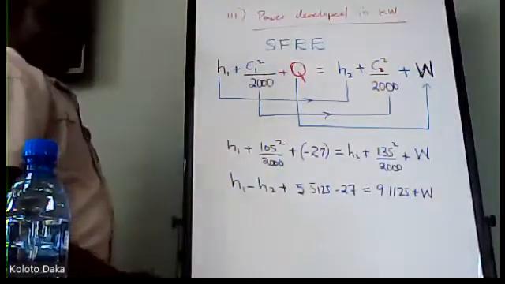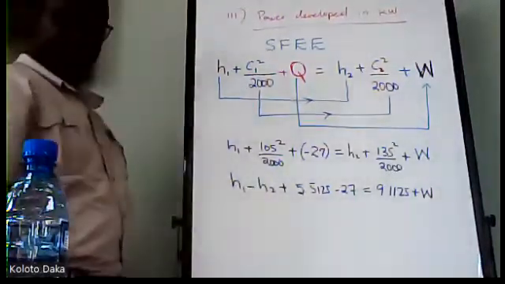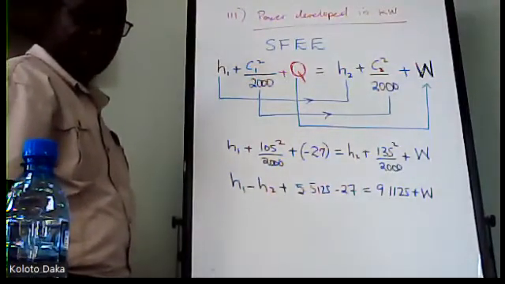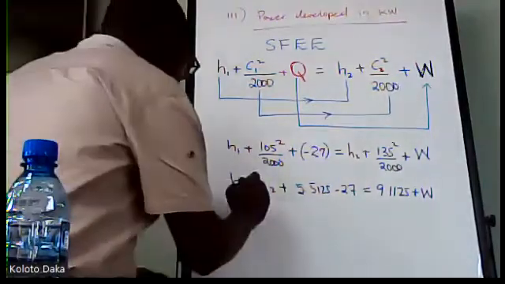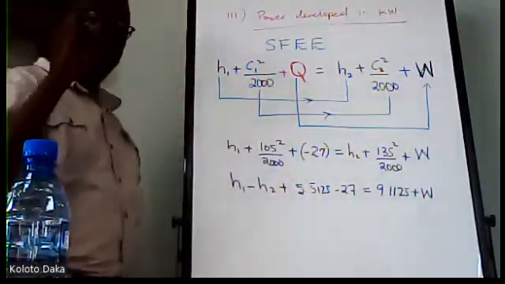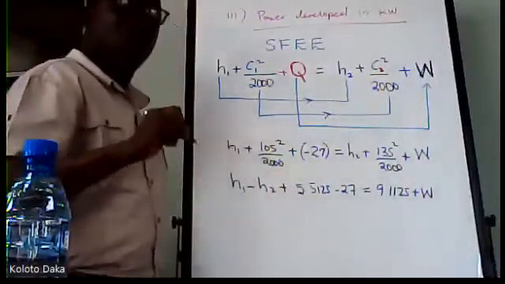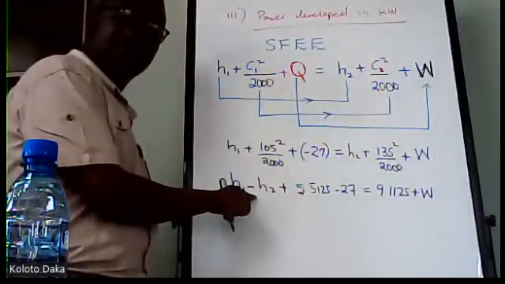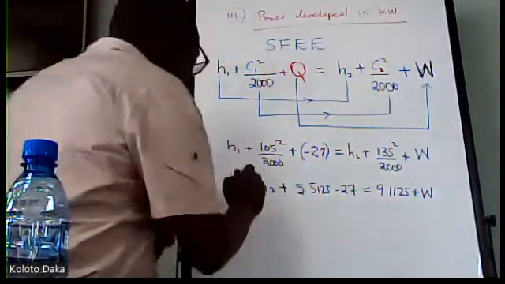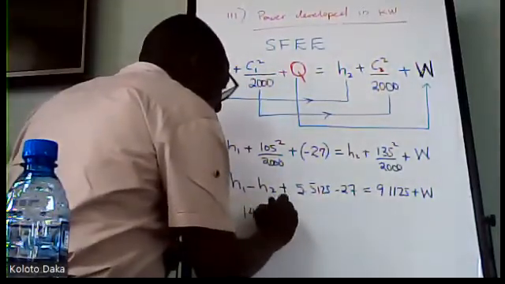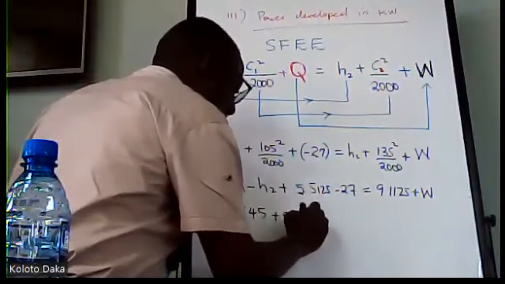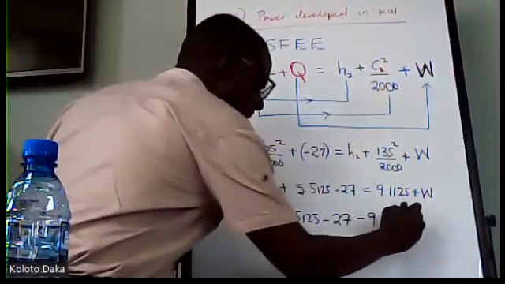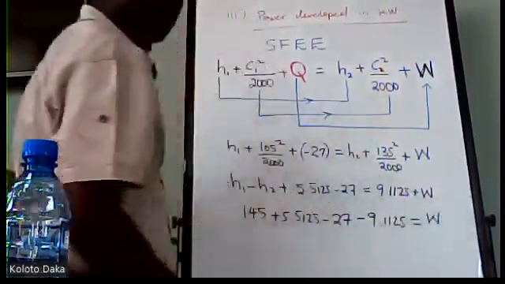Good. And what was H1 minus H2? We found H1 minus H2 was 145. So it was very important for you to understand that when they say specific enthalpy has reduced, it is H1 minus H2. So 145 plus 5.5125 minus 27 minus 9.1125 is equal to work.